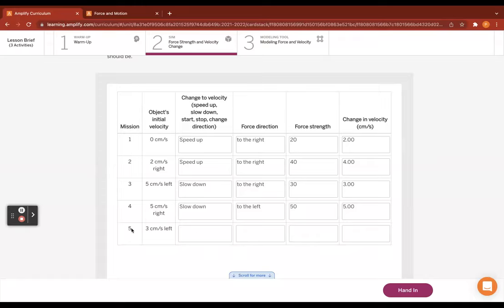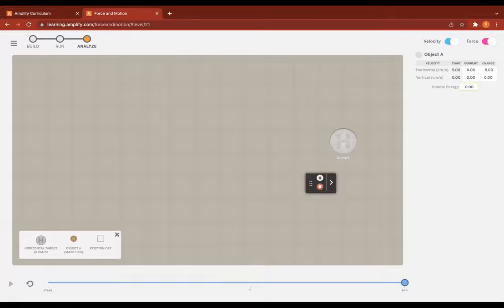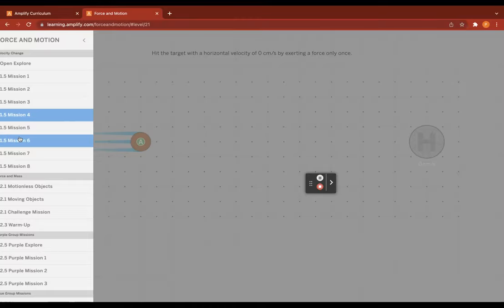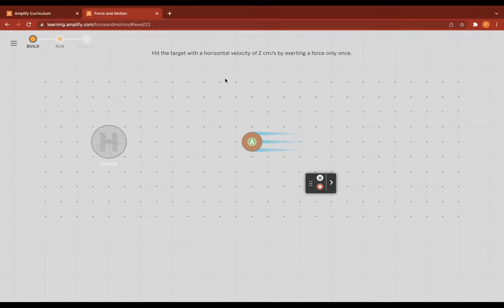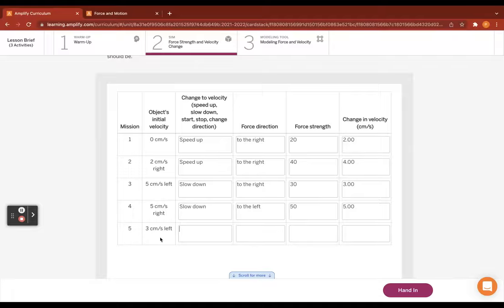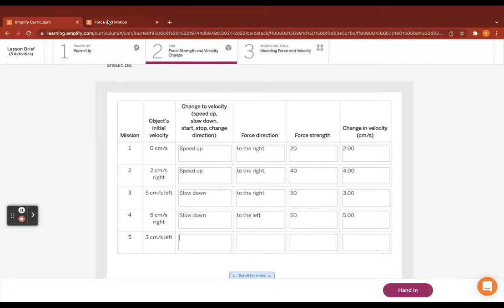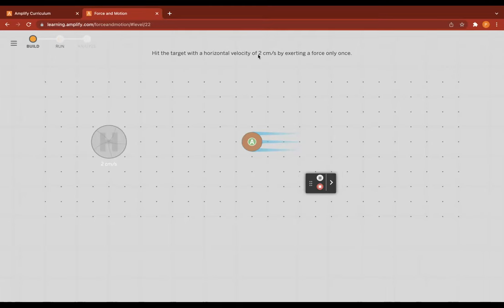Mission number 5. It starts 3 centimeters per second to the left. 3 centimeters per second to the left is where it starts. I want it to end up at 2 centimeters per second, but it's to the right. This doesn't have a minus sign.